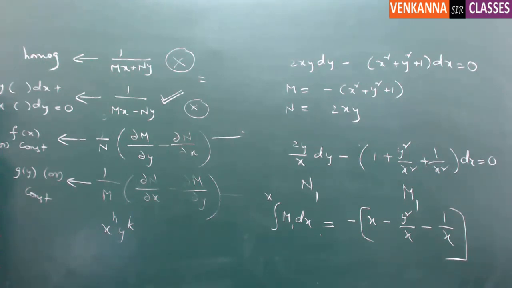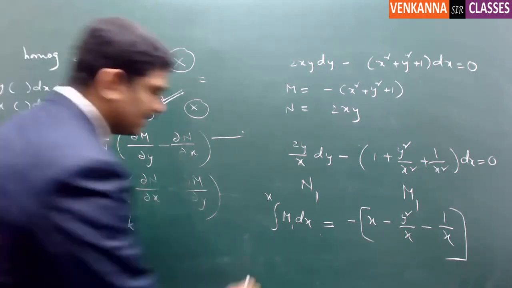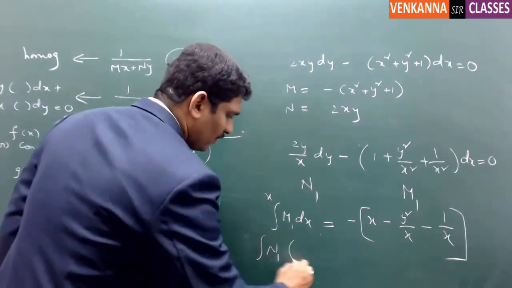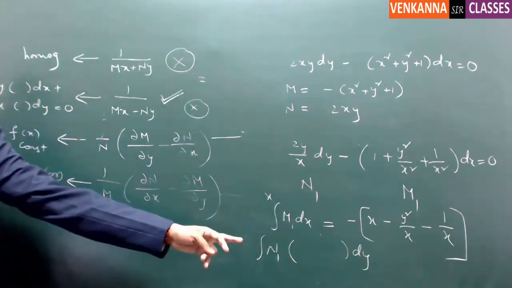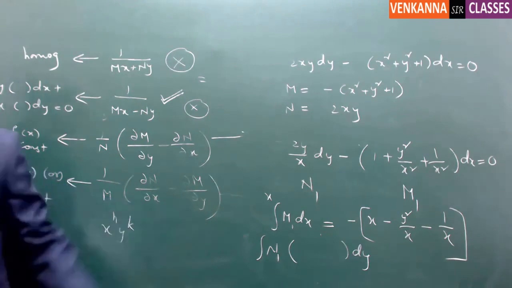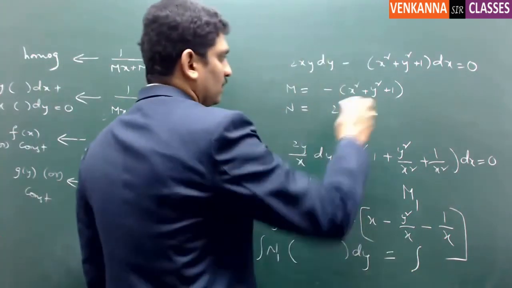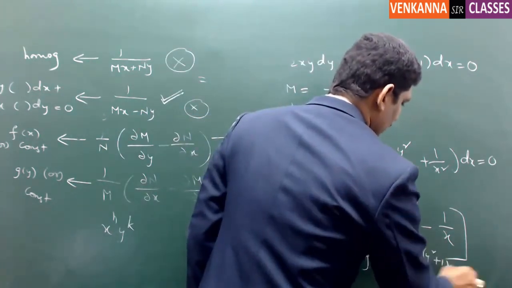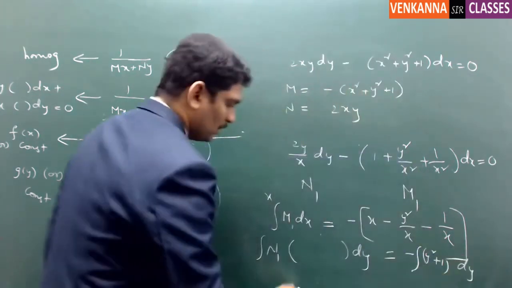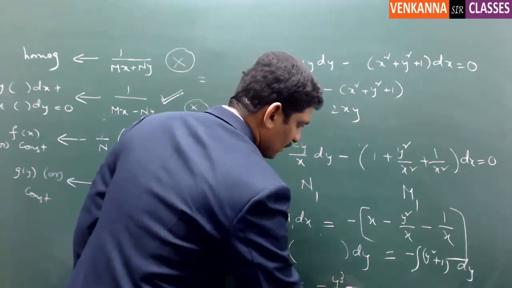Fine. And coming to the second part, second integration, I say integral N1 dy, terms which do not contain x. So this will be integral minus of y square plus 1 dy. So if you integrate the value, minus y cube by 3 minus y.